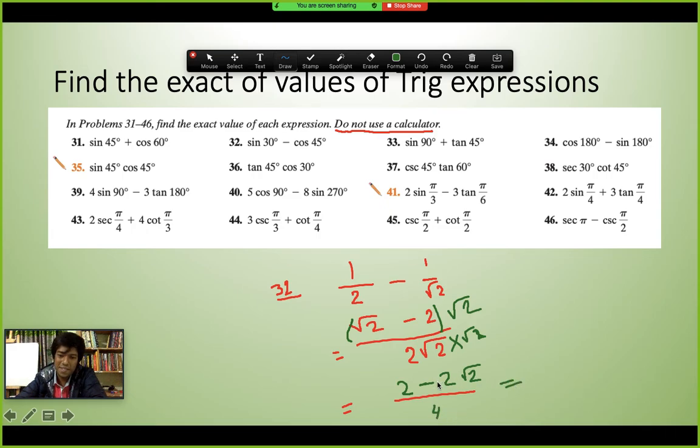And you can see we can still take 2 common from the numerator, and from the denominator also we can take 2 common, since this is 4, so 2 into 2, and that 2 cancels out, then the remaining thing is 1 minus root 2 divided by 2. So this will be the final answer.